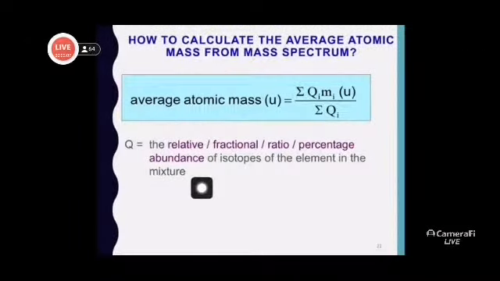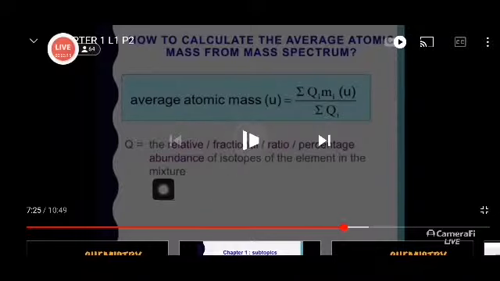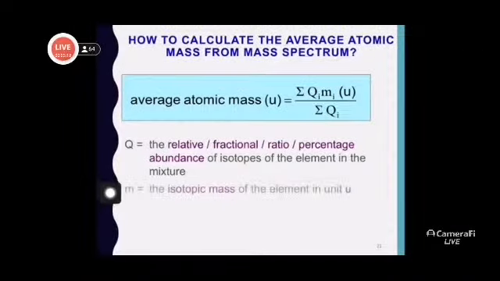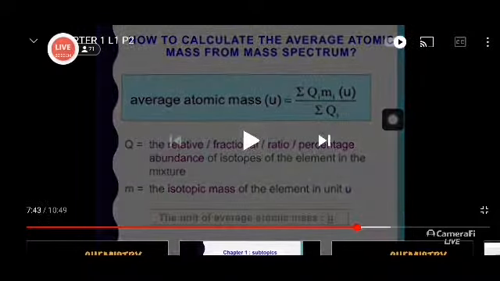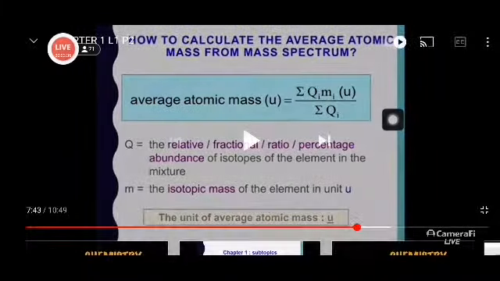Wajib tulis ini formula. Kalau dia minta average atomic mass ataupun relative atomic mass, wajib you tulis dia punya formula. While M is the isotopic mass of the element in unit U. So the average atomic mass, after we do the calculation, the final answer must be in unit U or AMU.